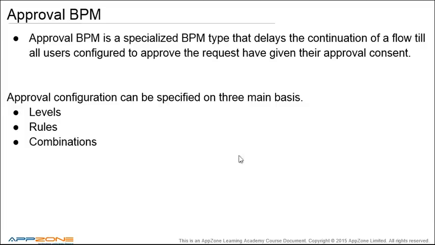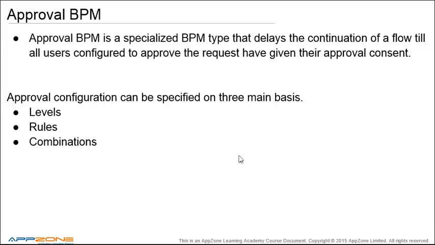The approval configuration can be specified on Dejavu on three main bases: levels, rules and combinations. Levels determine the number of users within a particular level that are required to allow a request to be approved and move on to the next step.